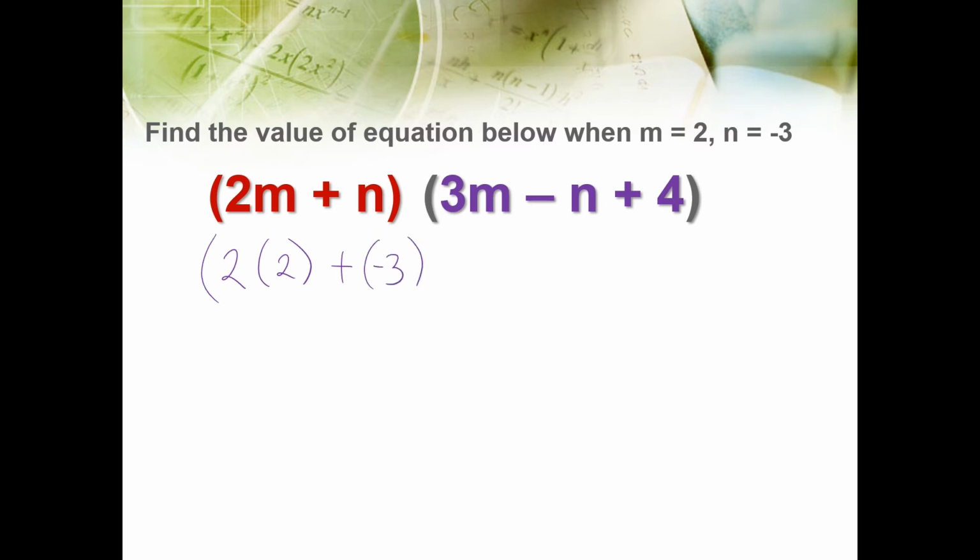Don't forget the bracket. Continue with 3m. m changes with 2 and n changes with minus 3. So just copy the rest without m or n. After that, continue with 2 times 2 equals, yes, 4. 4 plus minus, yes, minus 3.